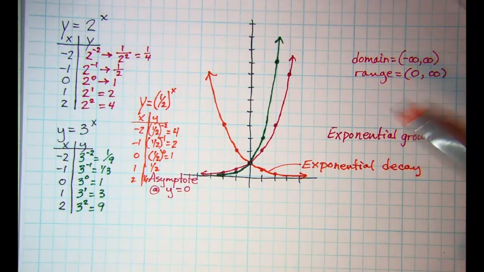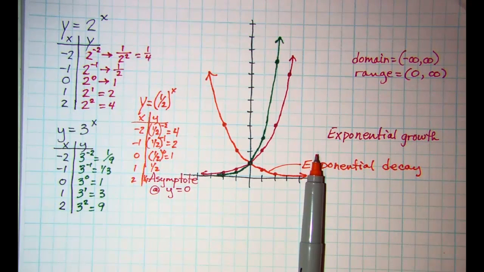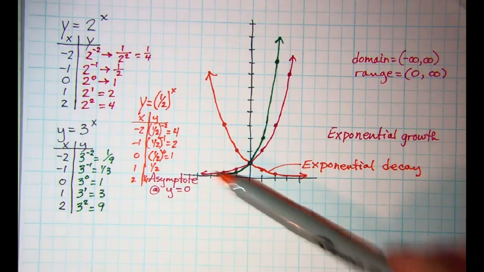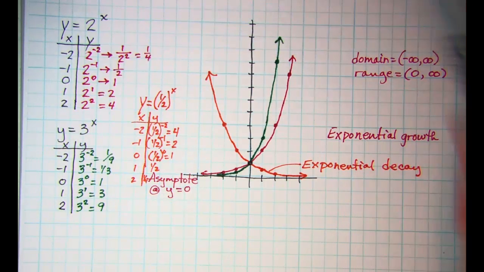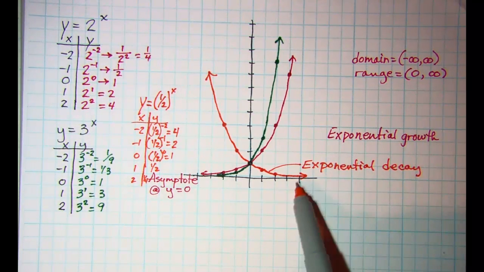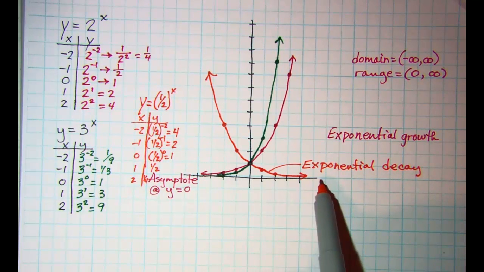But you see that the domain is still all real numbers, and the range is still from 0 to infinity, not including the 0. And we still do have an asymptote at y equals 0.